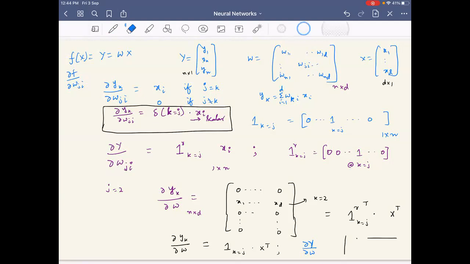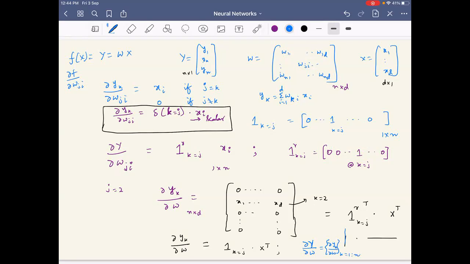This will be a tensor, because it will have three variables k, j, and i. This is the tensor dou yk by dou w for k equal to 1 to n. Right? It's a tensor. So we leave it here.